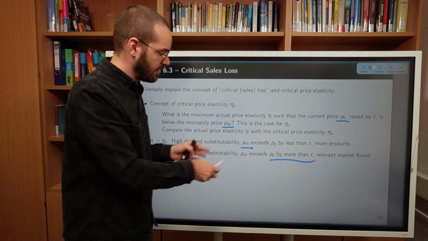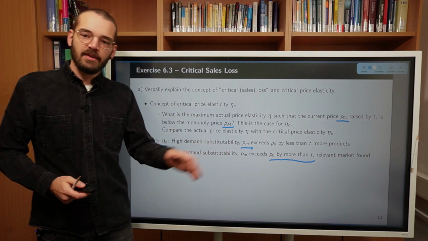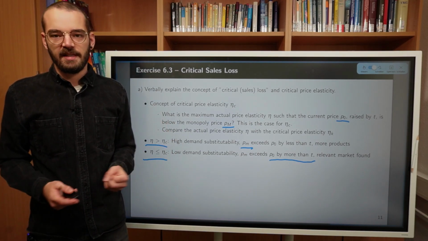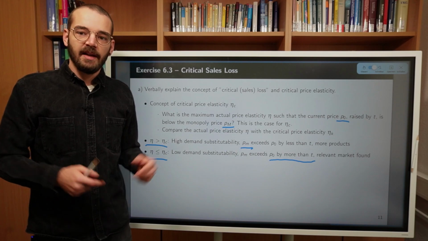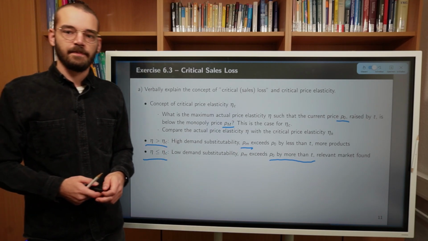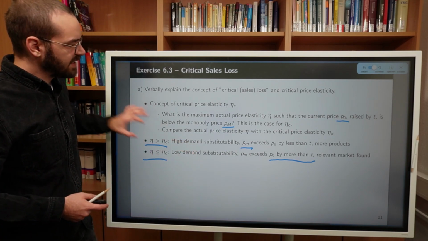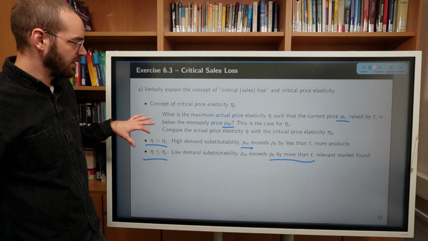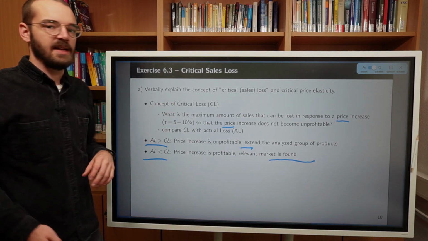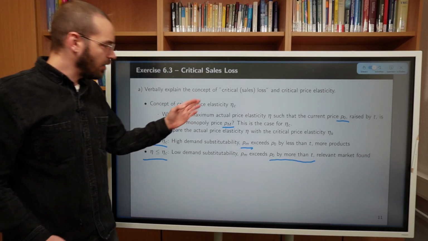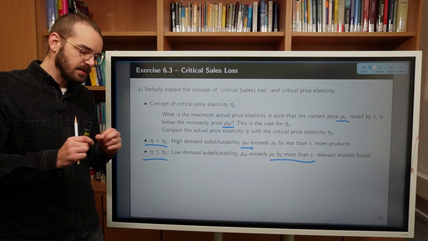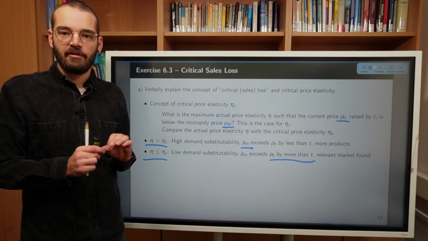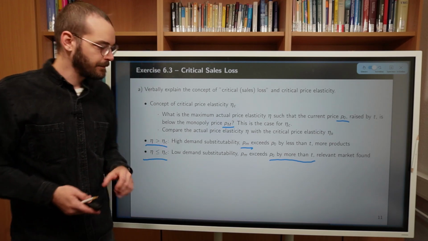Or in other words, as it is written on the slide, if the monopolist price PM exceeds P0 by more than T. All right, in this case, the relevant market is found. So again, the same concept we just talked about with the critical sales loss analysis, but this time already considering this relative connection between price changes and quantity changes, which we have in the price elasticity.